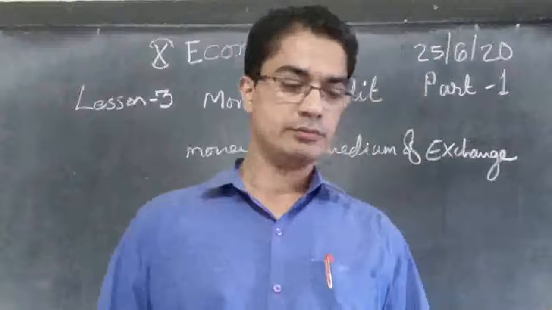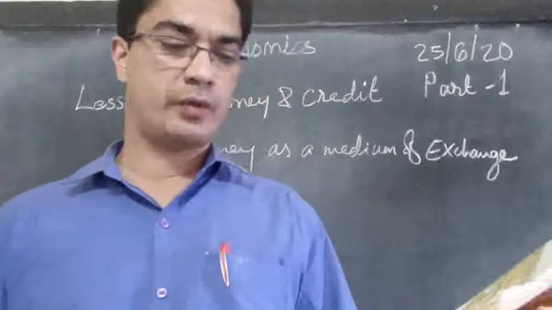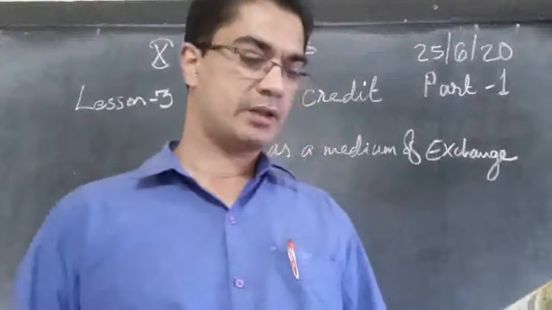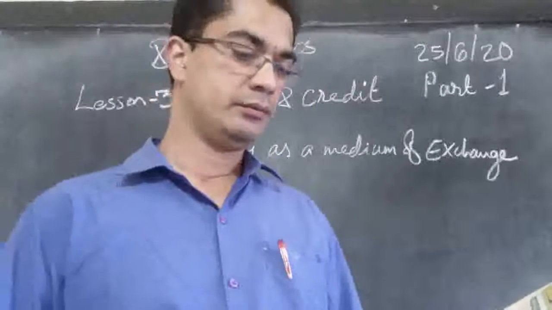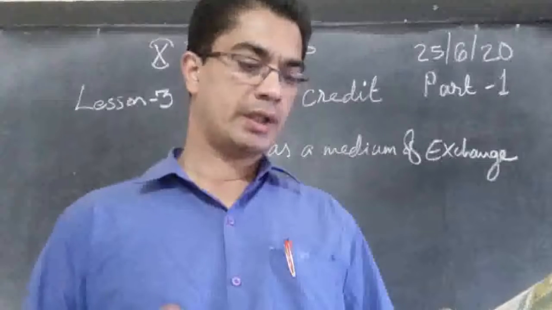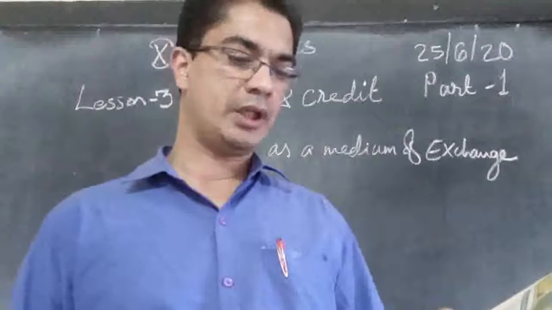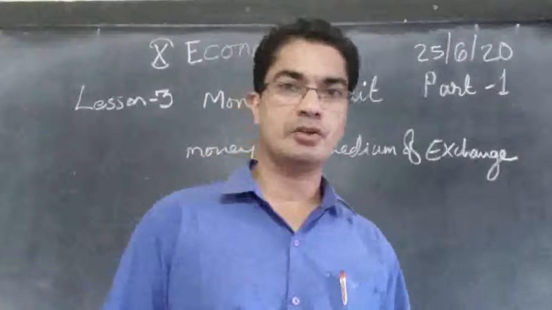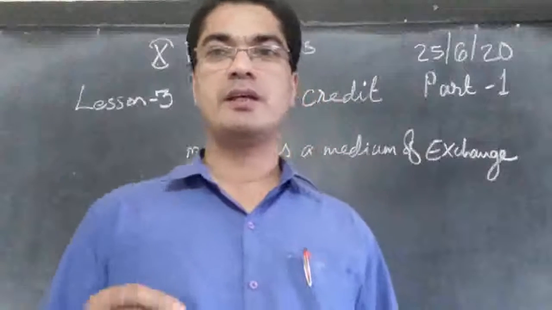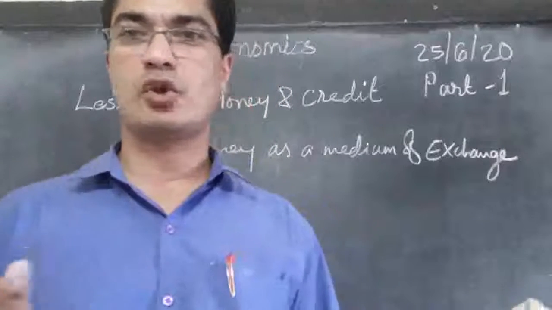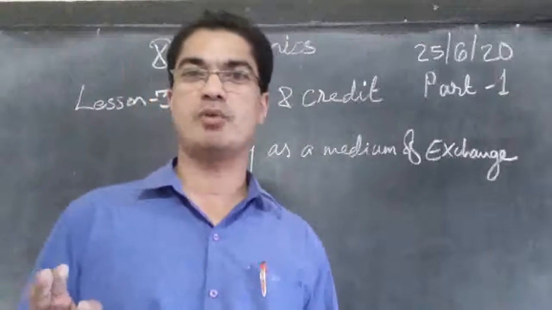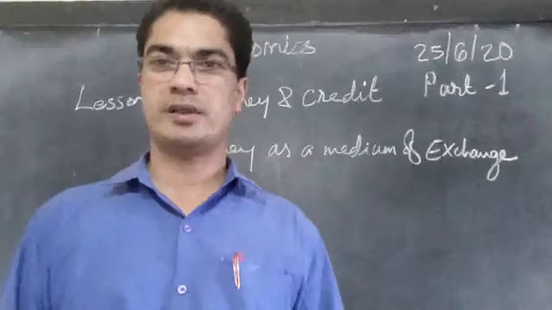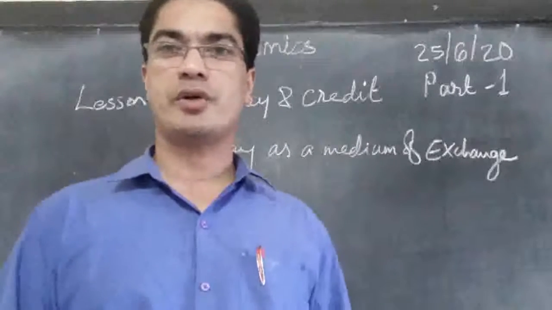In contrast, in an economy where money is in use, money, by providing the crucial intermediate step, eliminates the need for double coincidence of wants. So once we start using money, that double coincidence of wants is no more required, because I give money and with that money he can go and buy whatever he wants.